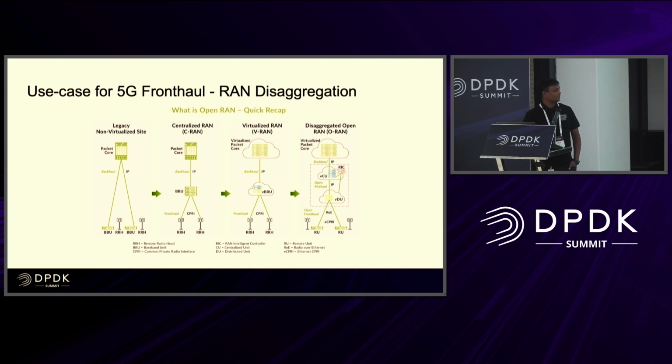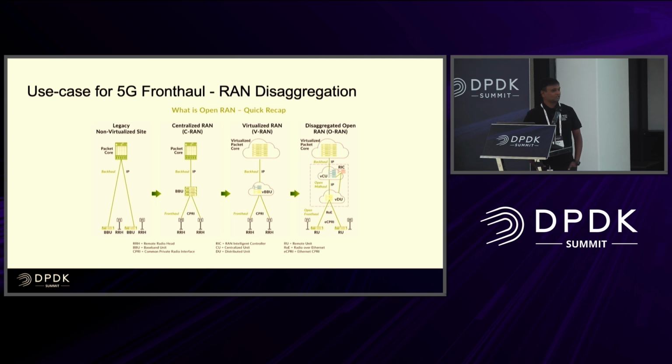Some of the functions like DU and RU could be orchestrated in a cloud-native manner using any orchestrator like Kubernetes. There was a new network element called the RIC, which was introduced to provide intelligence to the RAN network. So service providers used RIC to onboard third-party xApps or rApps into the network.